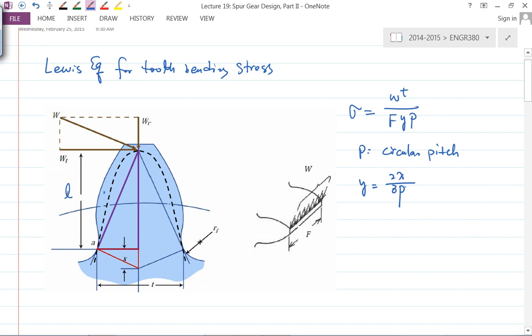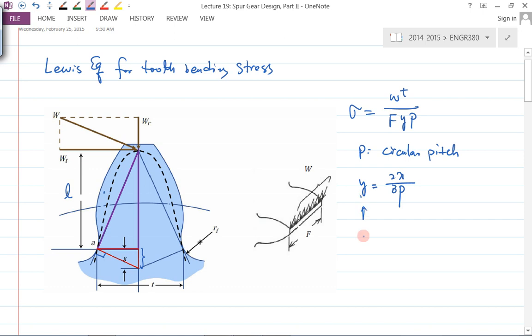X is this geometry. If we draw a symmetric line right over here, passing through this top center point, and then draw a perpendicular line to this tangent line here, the quantity x is this much.